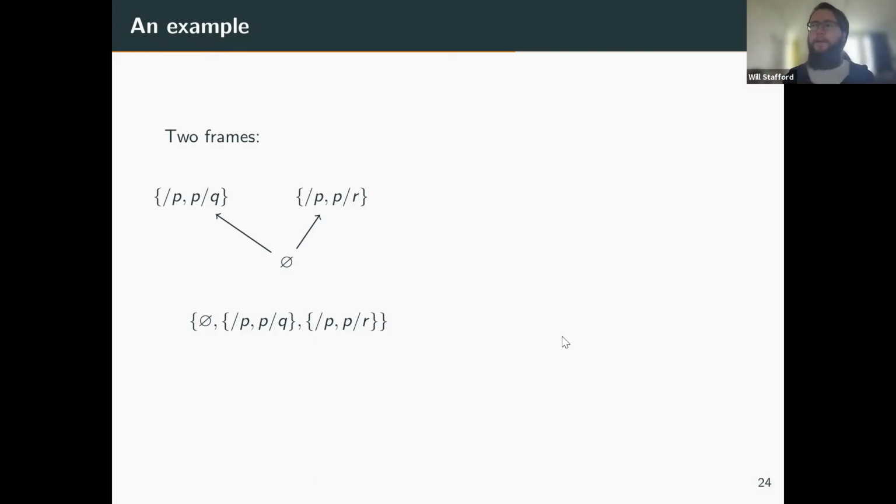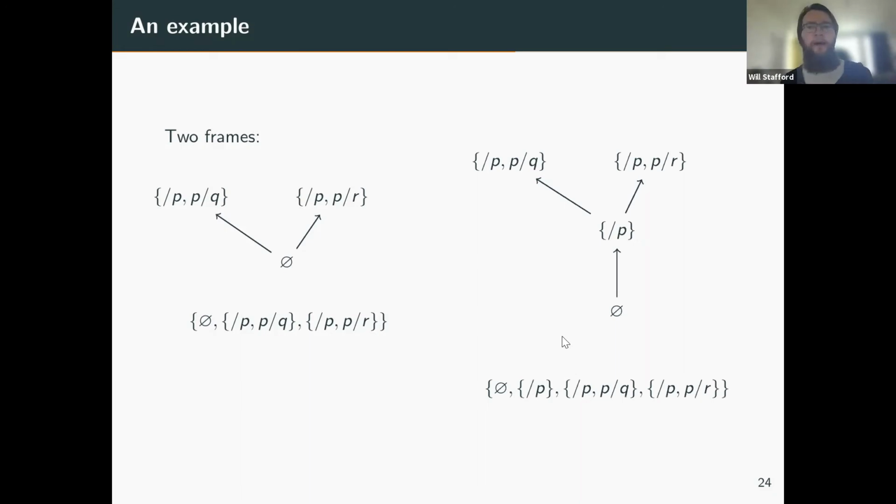The first one consists of three atomic rule sets. One's just the empty set. Then we have another one that lets us prove P, and then via that Q. And the other one lets us prove P and via that R. One of the many ways in which this is not a very general proof-theoretic system in its treatment of the atomic formulas is that P here is either coupled with Q or it's coupled with R. One way we might try to fix that is by adding the axiom P all on its own.